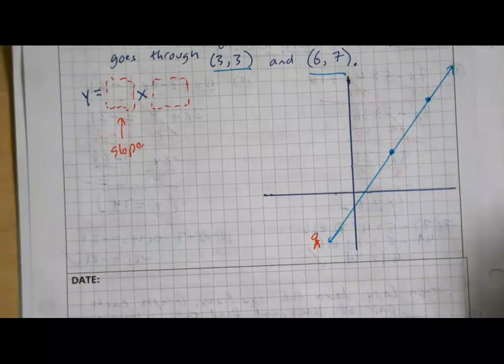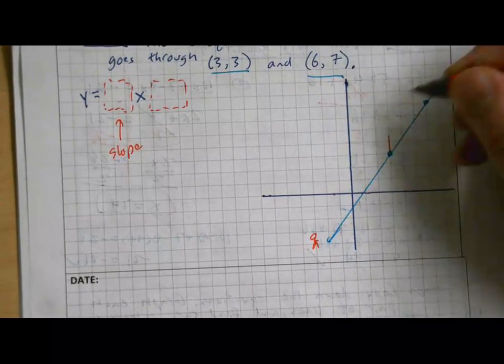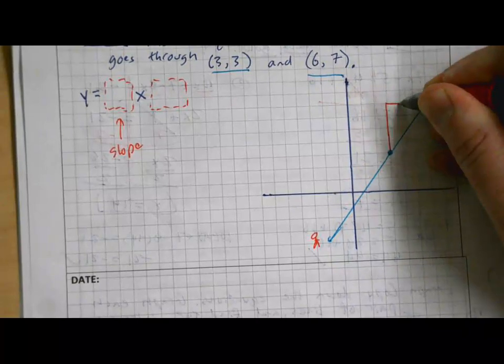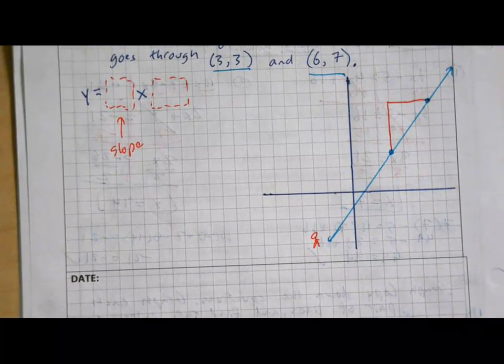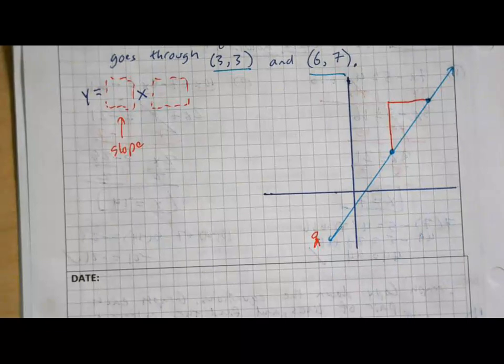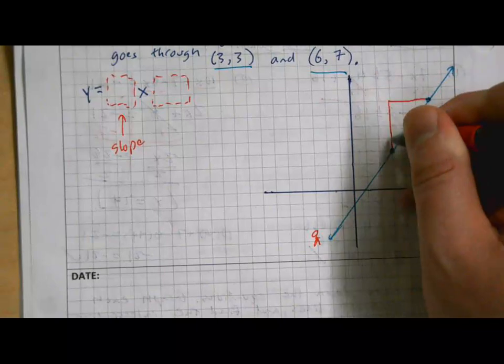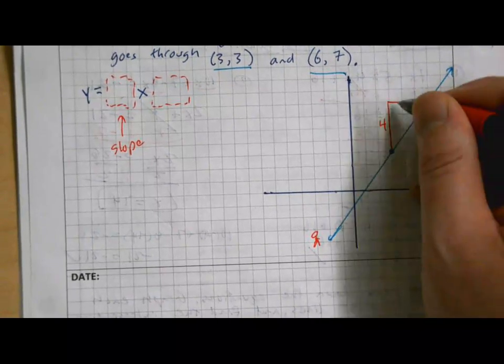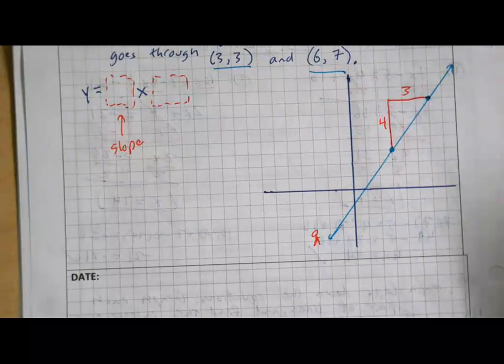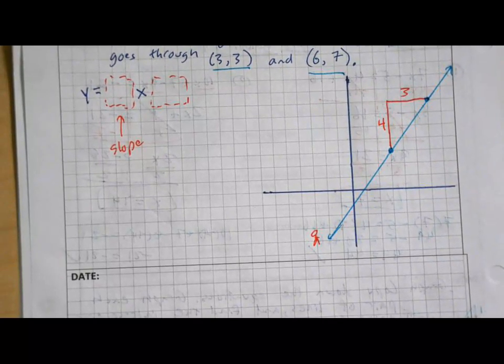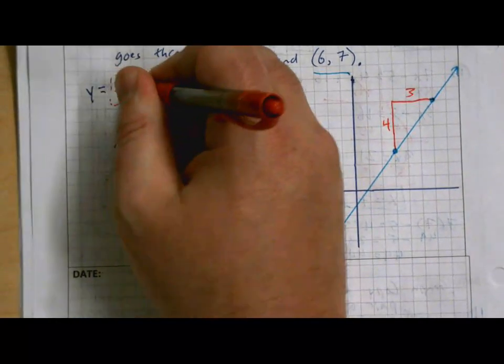And let's go ahead and count. We've got a couple nice points right here. If you're not sure what the slope is, go ahead and make yourself a slope triangle. And let's label. Counting up the side here looks like 4 spaces, and across the top here is 3. So we know it's going to be a fraction. It's going to have a 3 and a 4 in it.